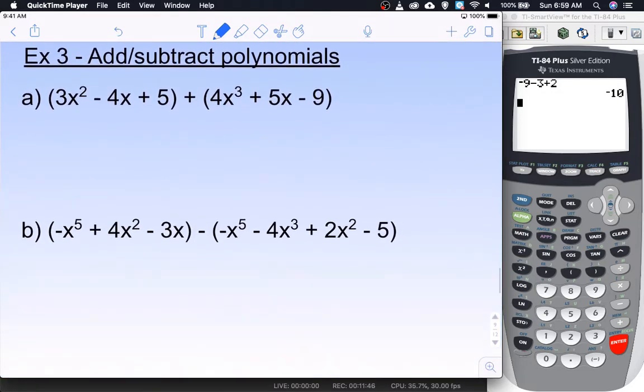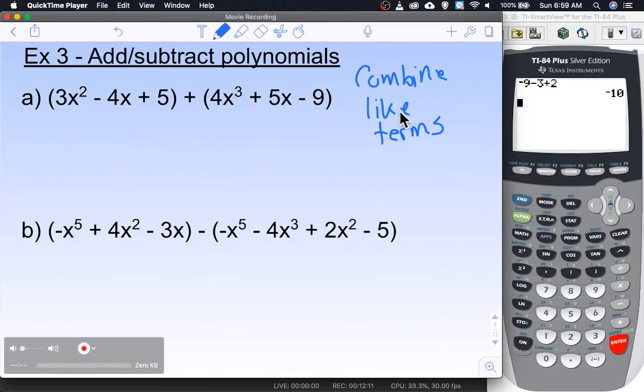All right, so let's get into some actual adding and subtracting. You should find these to be fairly straightforward. So the way you add and subtract polynomials is you combine like terms. Meaning, you can only add things together that are exactly alike. I cannot add x cubes and x squareds. They're not alike. I can add x's and x's.